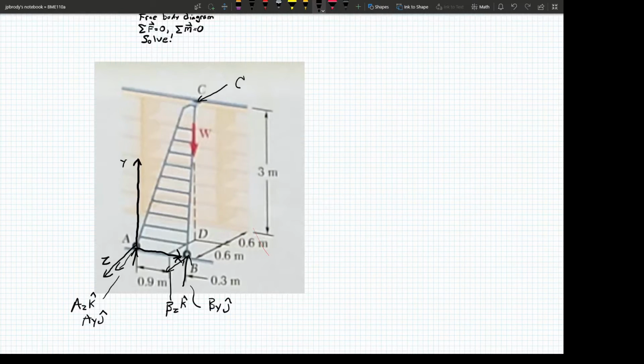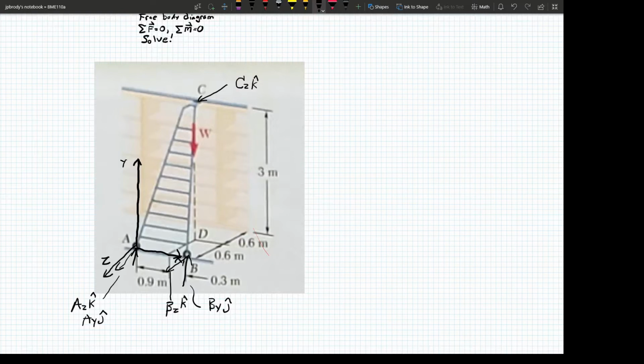We'll call that C sub z, and that acts in the k hat direction. Okay, so those are all the reaction forces, and then of course we've got this W force.